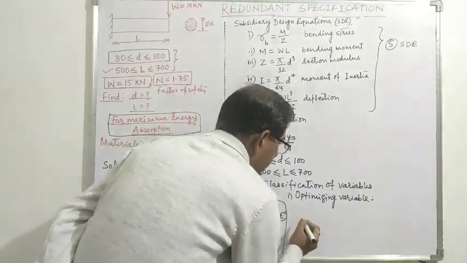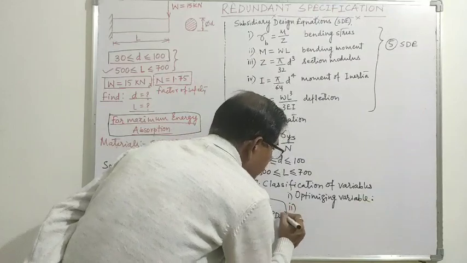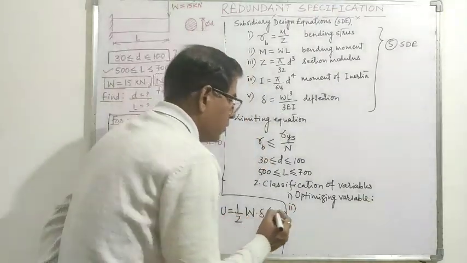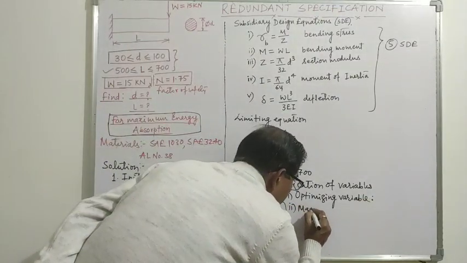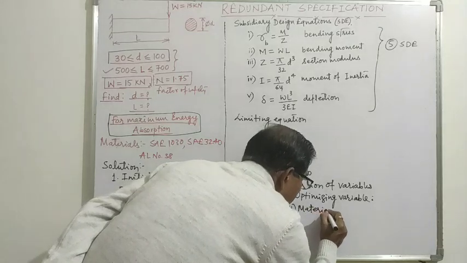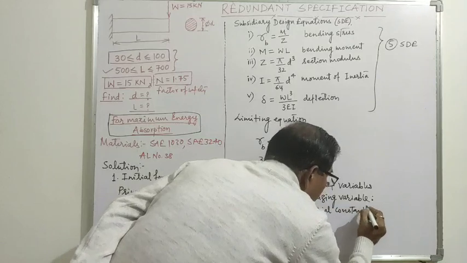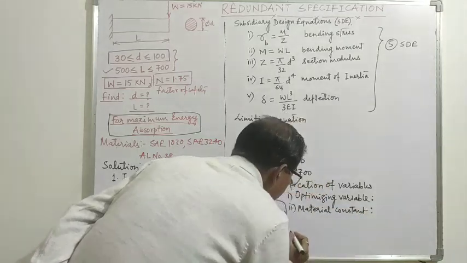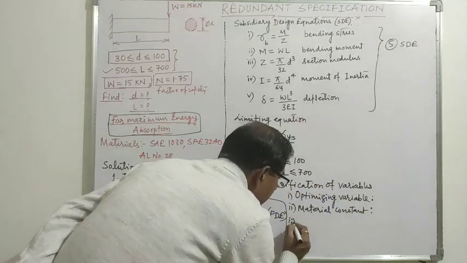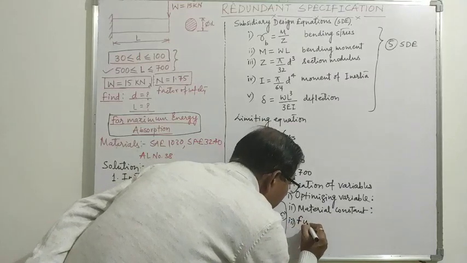Second is material constant. Third one is functional variable.